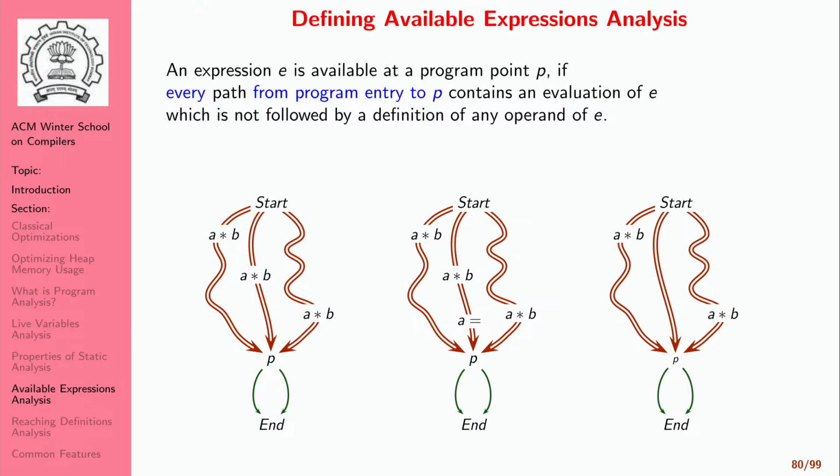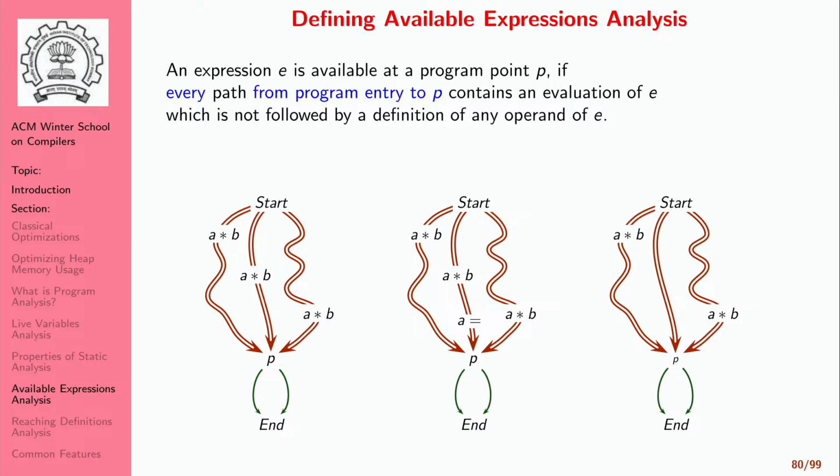Difference number two, live variables analysis put the condition saying that if the condition is satisfied along some path, it's okay. Available expressions analysis says no, this condition must be satisfied along every path. It's not okay to just say that the condition must be satisfied by only one path, and we will see the reason why this is so. And how is the availability generated?